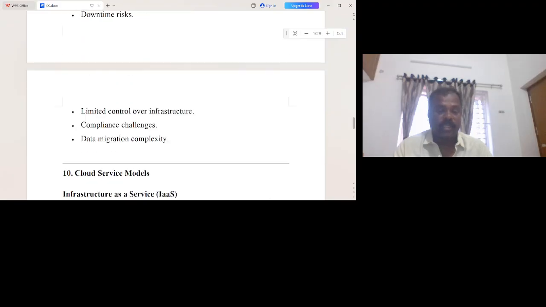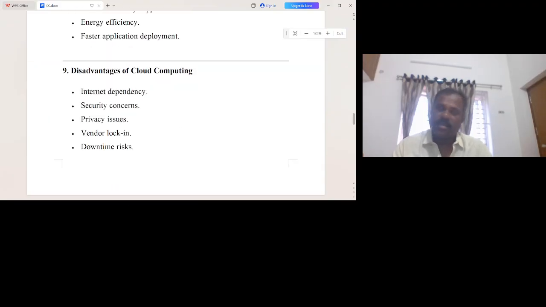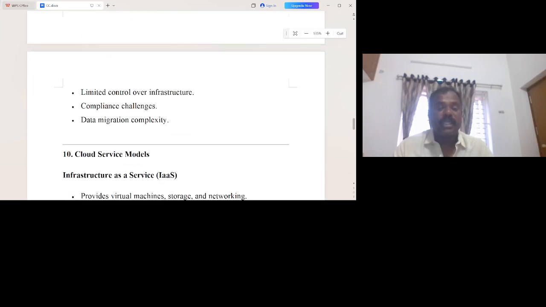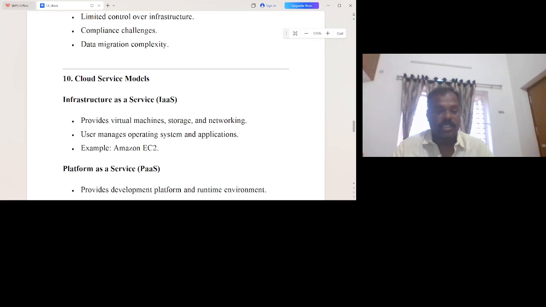These are the main things. Next, some basic disadvantages: internet dependency, security concerns, privacy issues, downtime risk, and limited control over infrastructure. These are some disadvantages.